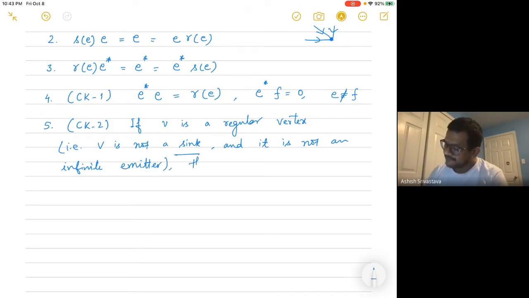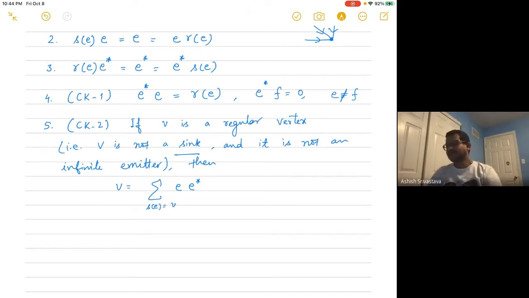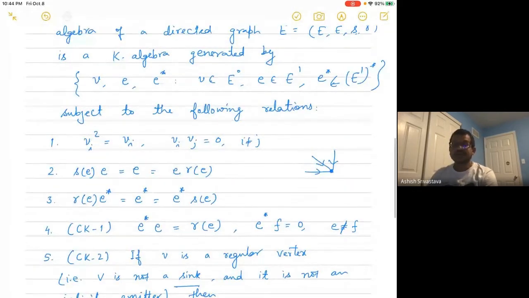Then v equals the sum of e e star, where these edges e are the ones such that source of e equals v. Okay, so these are all the relations that we demand.